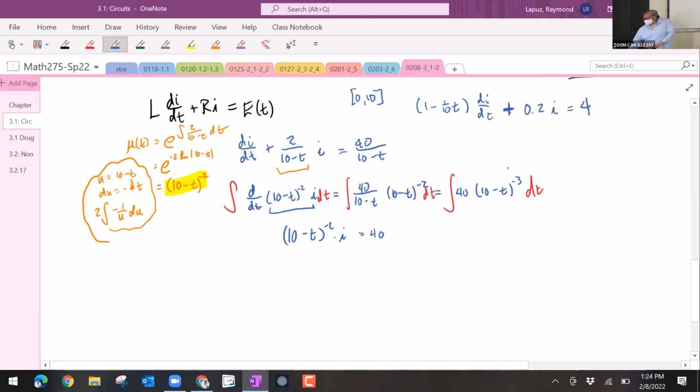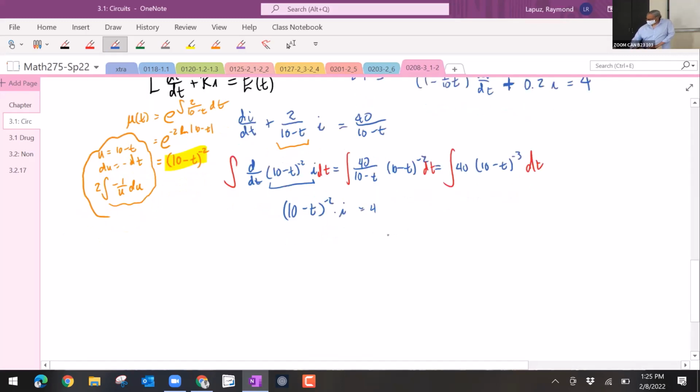And this would be, you add 1, so negative 3 plus 1 is negative 2, and we'll divide by negative 2. So there's a negative here, and the negative 2 will give me a positive. 40 divided by 2 will give me a 20. And I'll have 10 minus t to the negative 2 power plus c.